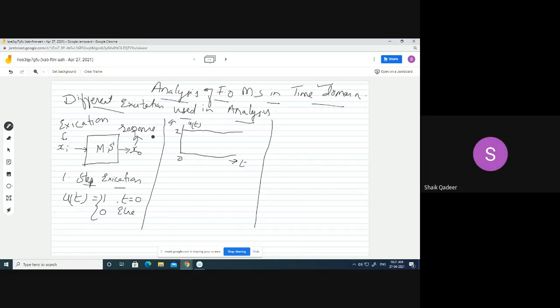If I apply Laplace transform on this equation, Laplace transform of u of t equals how much? Laplace transform of unit step signal is equal to how much?